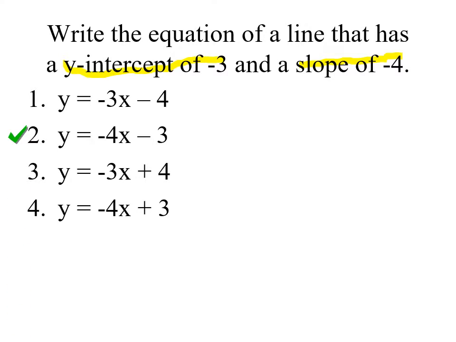Correct. The one in number 2 has -4x plus b. So there's your -4, and then your b is right here. Notice because it's your b, it's plus, but because this was a -3, it's written as -3.